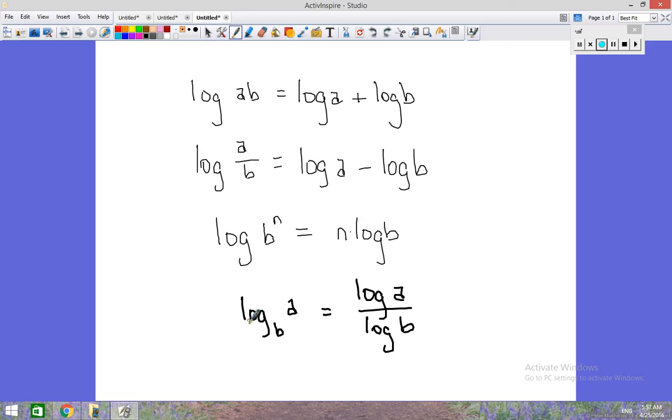Well, you may be interested in the log of 2 base 5, so you can get an approximation for that if you have the log of 2 divided by the log of 5, if it was log base 5 of 2. Alright. Now, of these 4, it's this power rule that's going to help us to solve our problem.